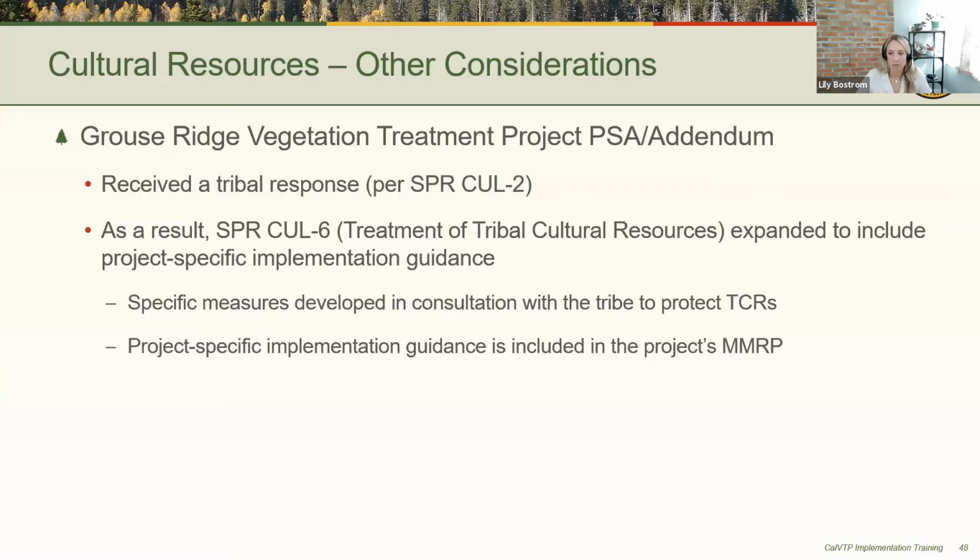And so as a result, SPR Cultural 6 was expanded to include project-specific implementation guidance that were specific measures that were developed in consultation with the tribe to protect tribal cultural resources. And that project-specific implementation guidance was then included in the project's mitigation, monitoring, and reporting program. Next slide, please.